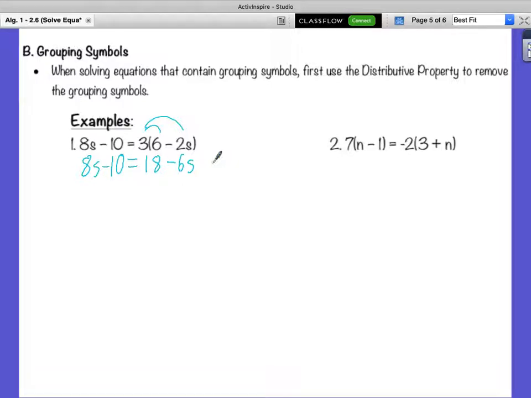Oh, wait, oh, crap. And then this should be... Is this right?